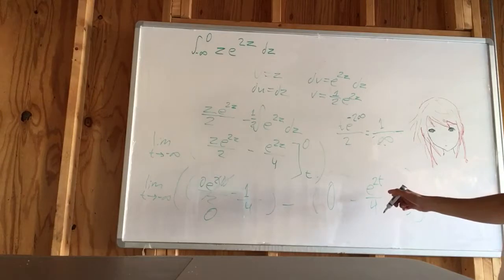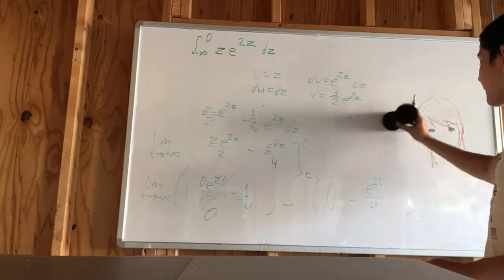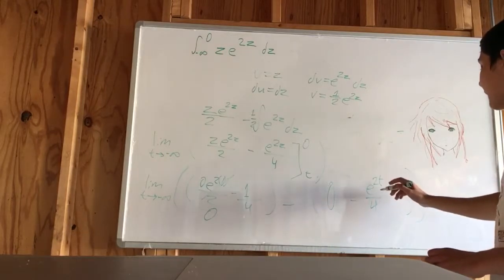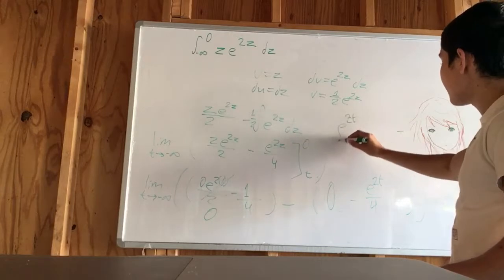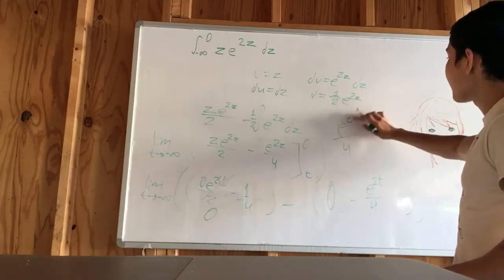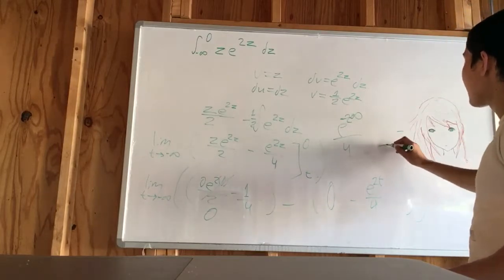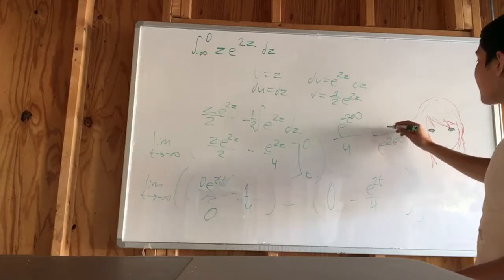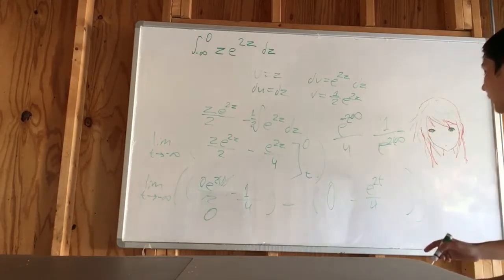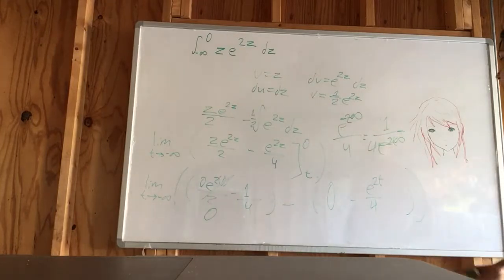This right here, we don't even need L'Hopital's rule. We could just notice that, again, we're plugging in negative infinity. That means that e to the 2t over 4, we're plugging in a negative infinity. That means this is in the denominator like this, e to the 2 infinity. And therefore, this is going to 0.